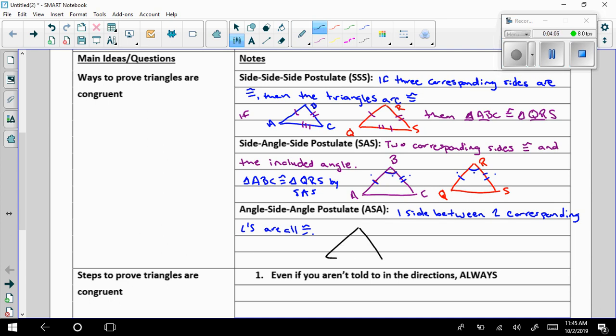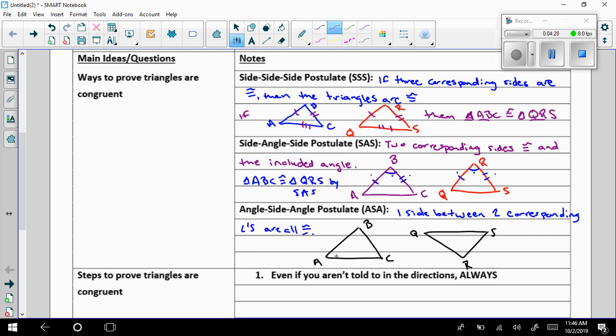We'll still use ABC, but let's flip that over so you can see it's the same. So angle, side, angle, again, it will be in that order.